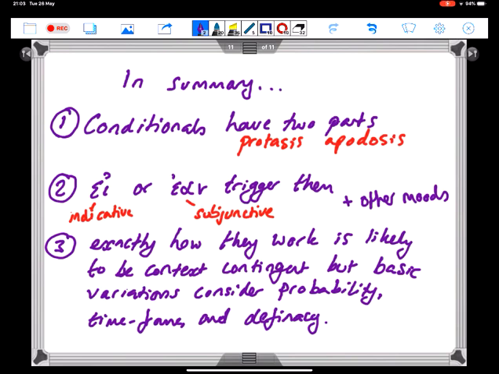Exactly how they work is likely to be context contingent, because you can mix and match the different types. That contrary to fact example that I gave you from Luke is unusual, so I don't expect you're going to see a huge number of those, but it is worth logging for reference.